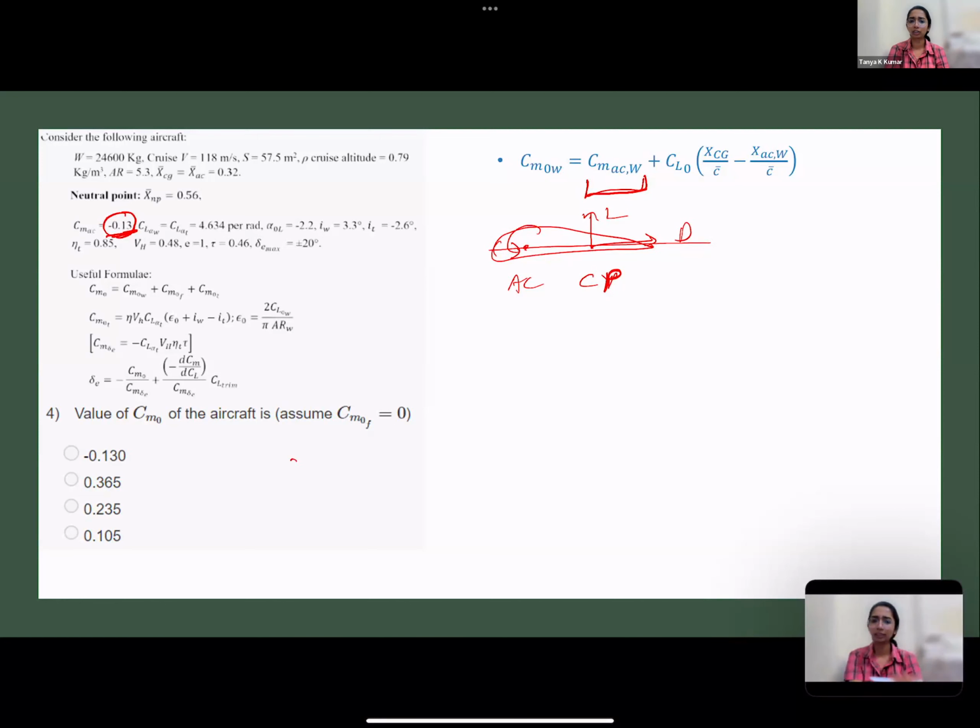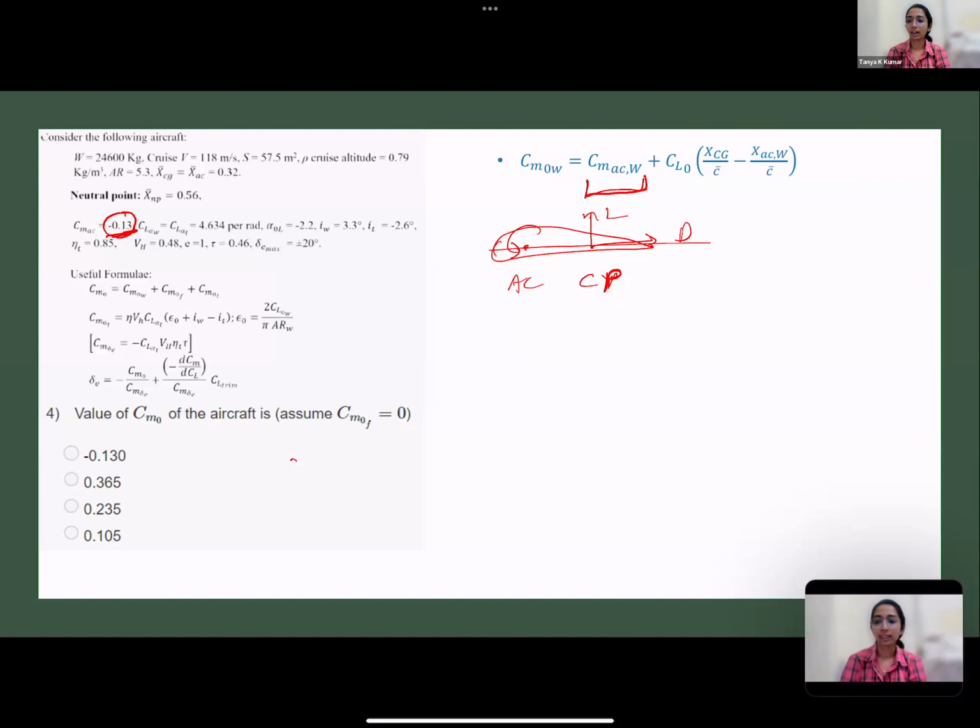The moment that I've drawn in the figure, is that clockwise or anti-clockwise? Anti-clockwise. So anti-clockwise in our case, is it pitch up or pitch down?